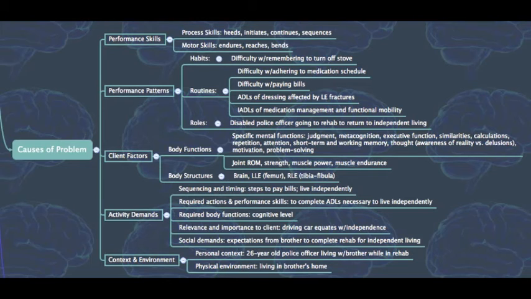Some habits are impaired because of cognitive deficits, such as safety issues like remembering to turn off the stove. His role is currently that of a disabled police officer going to rehab to return to independent living.